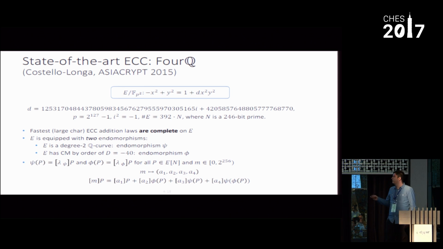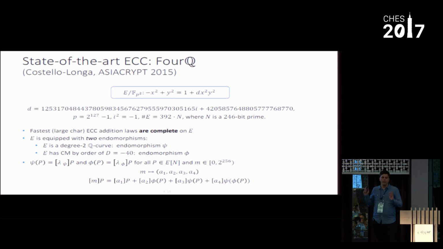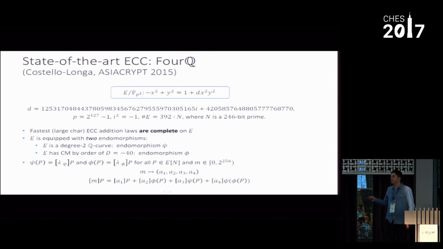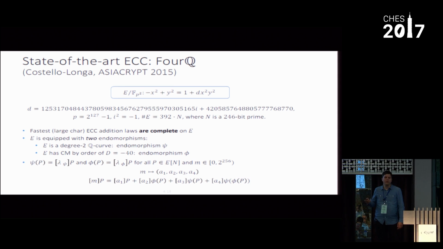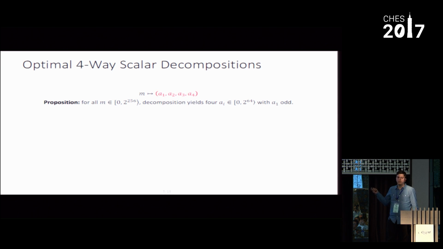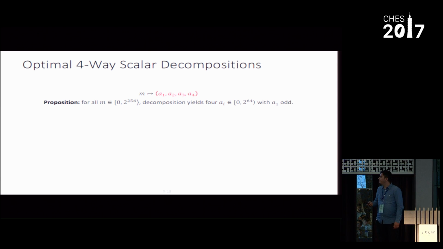So if you have a large scalar m that you want to multiply by a point P, you could decompose this scalar m as a linear combination of the point P and the evaluation of the endomorphisms on P. So here we have a 4-dimensional decomposition, which was introduced in the original FourQ paper.